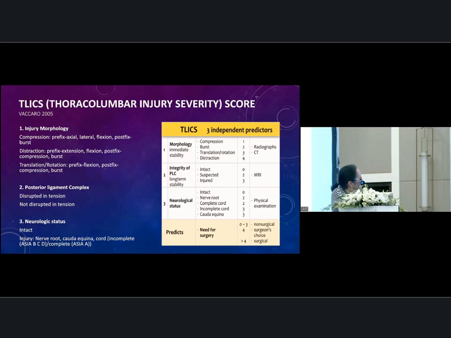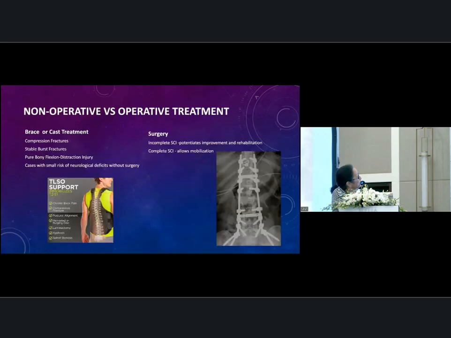Then the final thing is neurological status, so whether patients are intact or not, and also whether there is complete or incomplete injury, that will dictate, I guess, the timing of surgery as well.